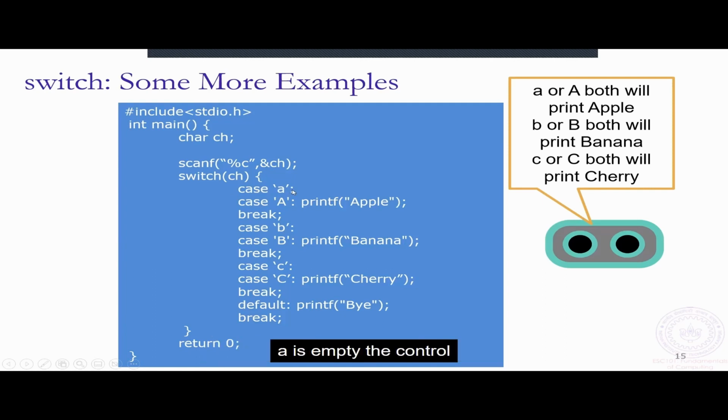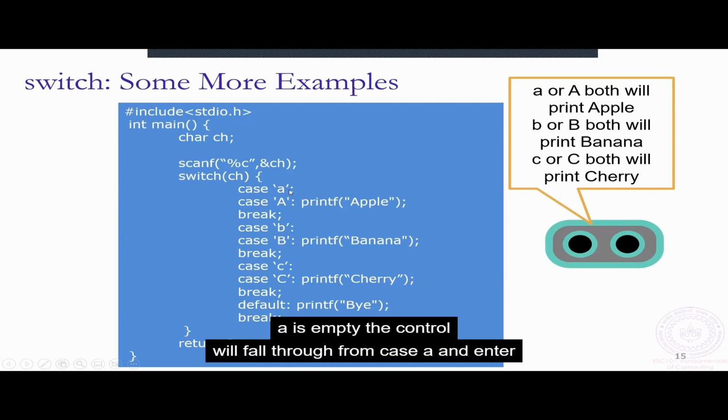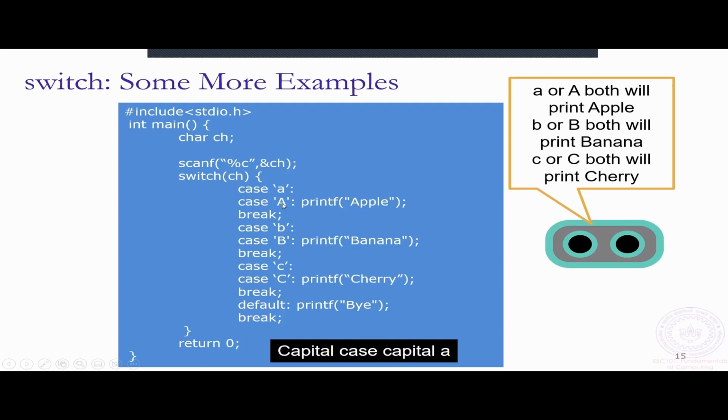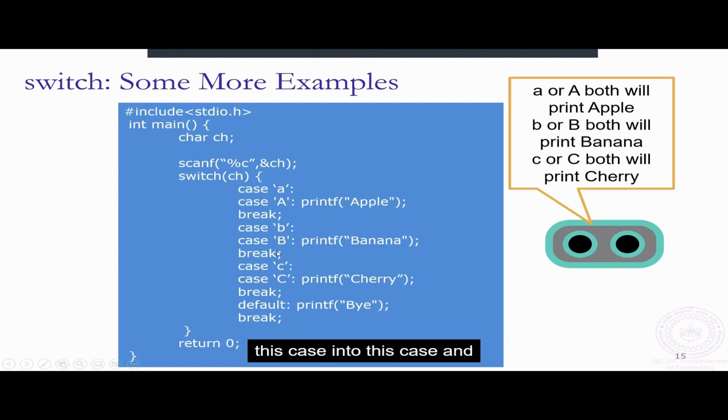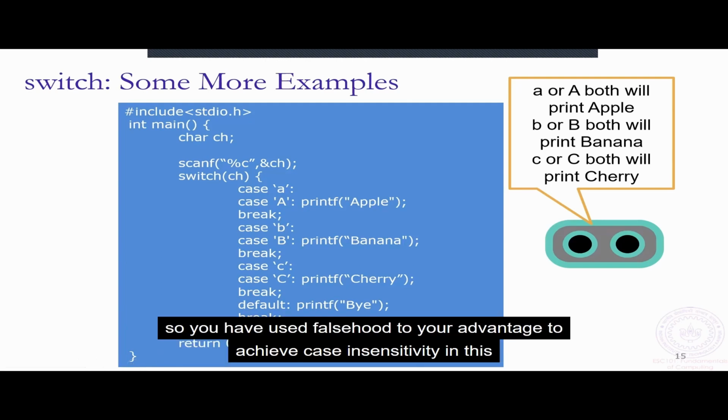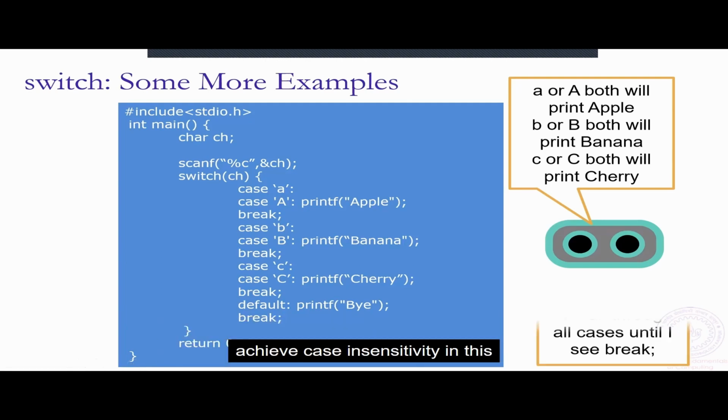Because case a is empty, the control will fall through from case a and enter capital A, and it'll print apple. Likewise, with case small b, control will fall through from this case into this case and print banana and then break. And so you have used fall through to your advantage to achieve case insensitivity in this program.